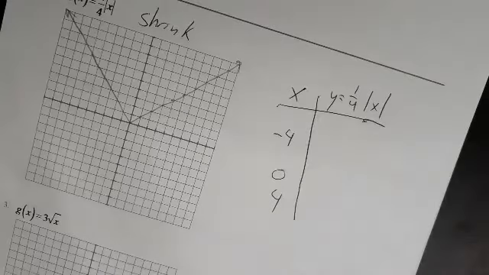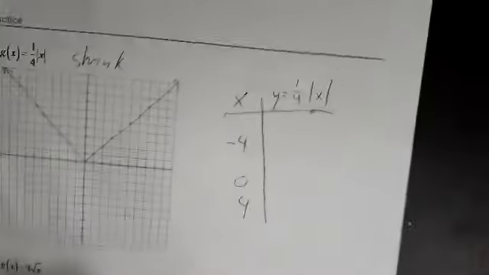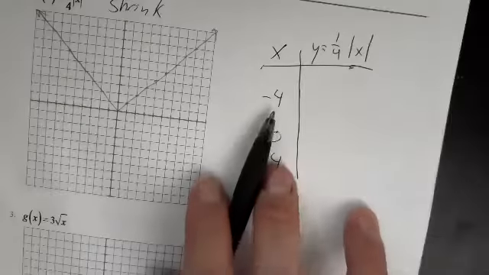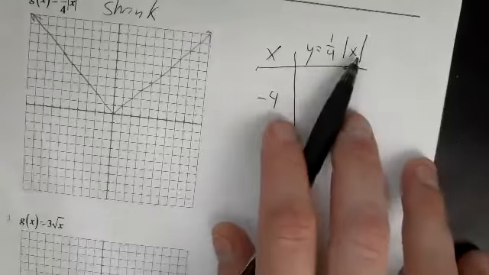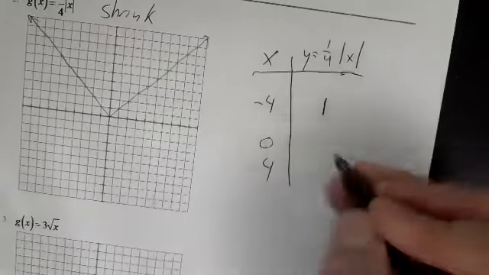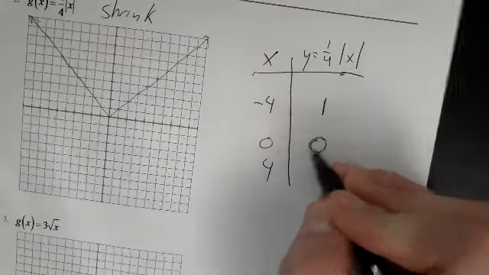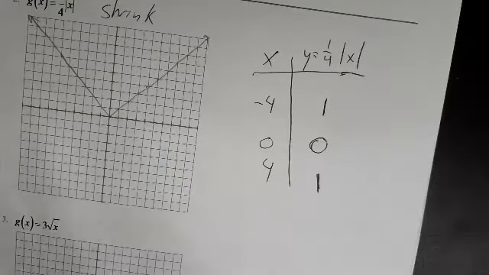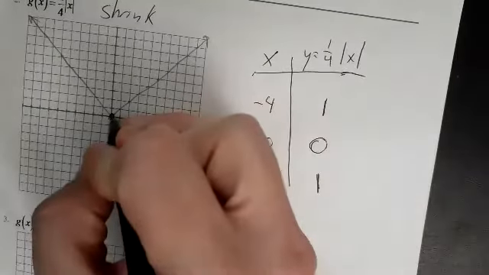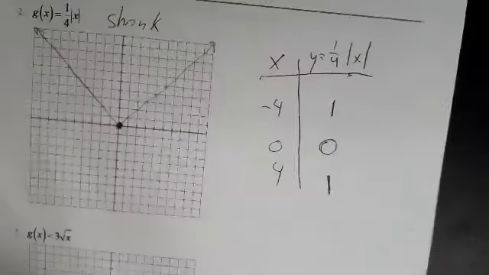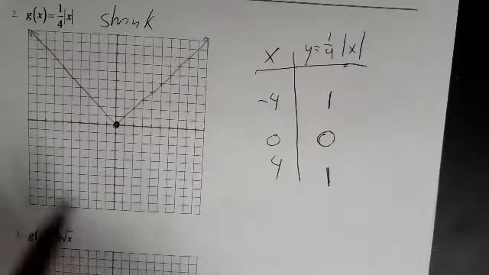I'm going to do -4. I'm going to plug -4 into the absolute value. It's going to give me a +4. Then I'm going to quarter it. That's going to give me 1. So if you wanted to graph these, points on the origin are not going to move.